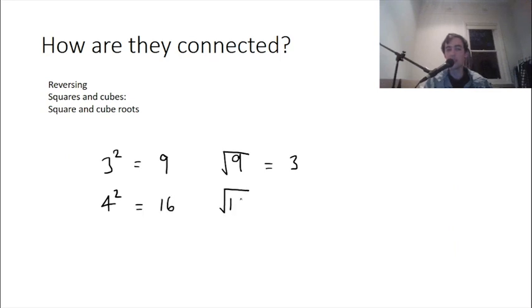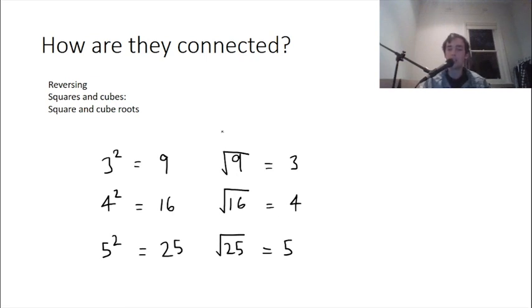The square root of 16 is 4. Let's say I have 5 squared, which equals 25. The square root of 25 equals 5. So hopefully you can see where I'm going with this.